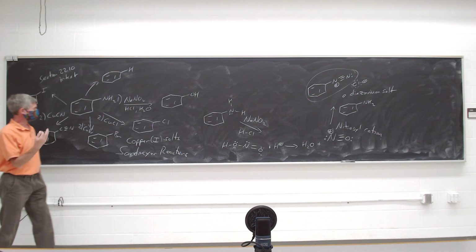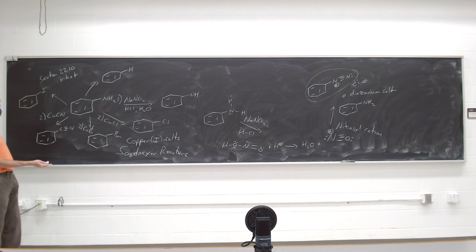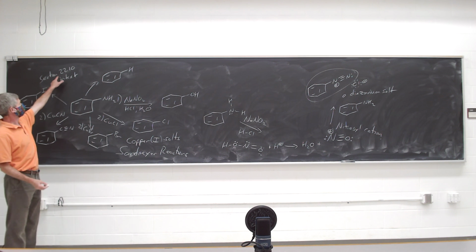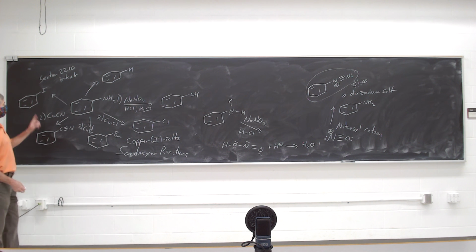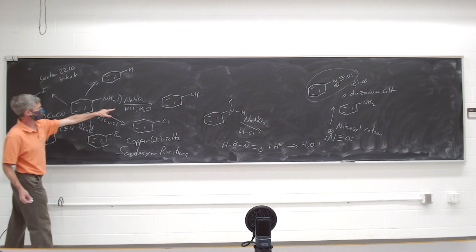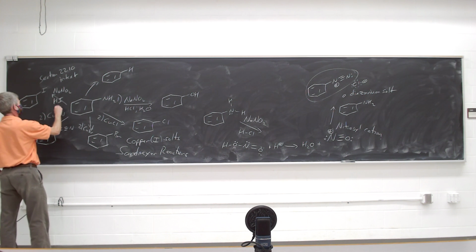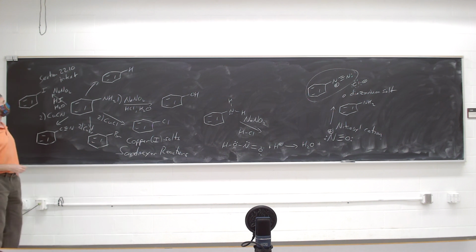Right? And it can be copper 1 chloride, it can be copper 1 bromide, it can be copper 1 cyanide. These bottom reactions are known as the Sandmeyer reaction. That's in section 22.10. If instead of reacting it with HCl, you react it with HI, then you get the iodide.